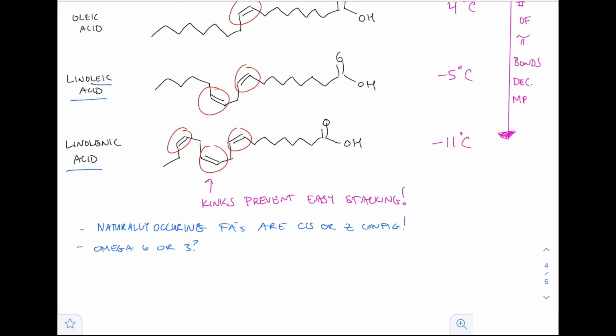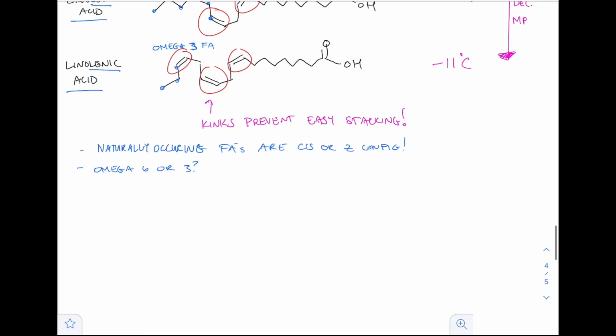Well, these other two on the bottom, or any of them, oleic acid, linoleic acid, and linolenic acid, they all have alkenes, and so these are unsaturated fats. Specifically, linoleic is an omega-6 fatty acid because it has the first double bond occurring 6 carbons from the end. And then linolenic is omega-3 because it has the first double bond occurring 3 carbons from the end. And that's where omega-3 and omega-6 fatty acids come from. Now you know. Cool stuff, right?